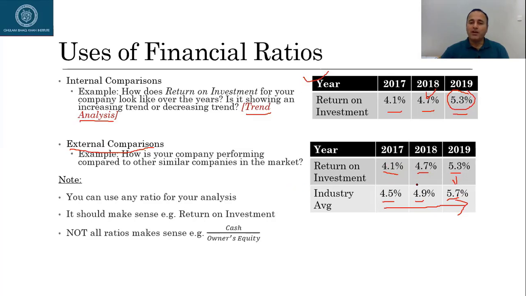If you compare your return on investment with the industry, it's below average. So that is something that you could actually improve upon. The message from this slide is that you can use financial ratios for internal comparisons through trend analysis, and you can also use them for external comparisons, where you simply compare your ratios with the industry.